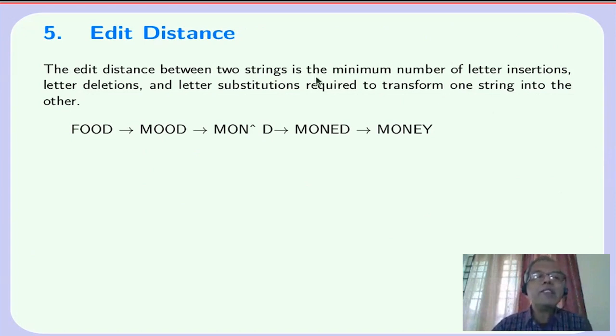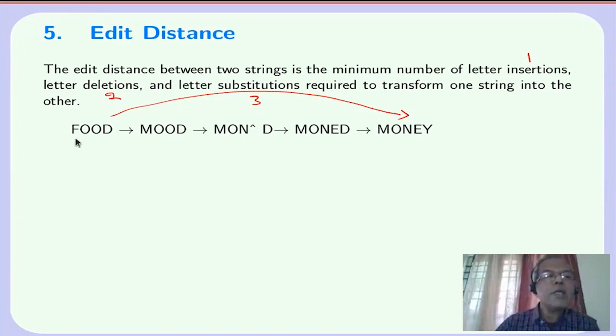Another very important problem. The edit distance between two strings is the minimum number of letter insertions, letter deletions, letter substitutions required to transform one string to another. For example, I want to transform food to money. You can do any of these three operations: insert or delete or change. Look at that. F is changed to M. So food becomes mood.